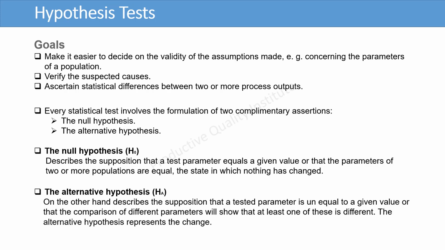The alternative hypothesis, HA, on the other hand, describes the supposition that a tested parameter is unequal to a given value, or that the comparison of different parameters will show that at least one of these is different. The alternative hypothesis represents the change.